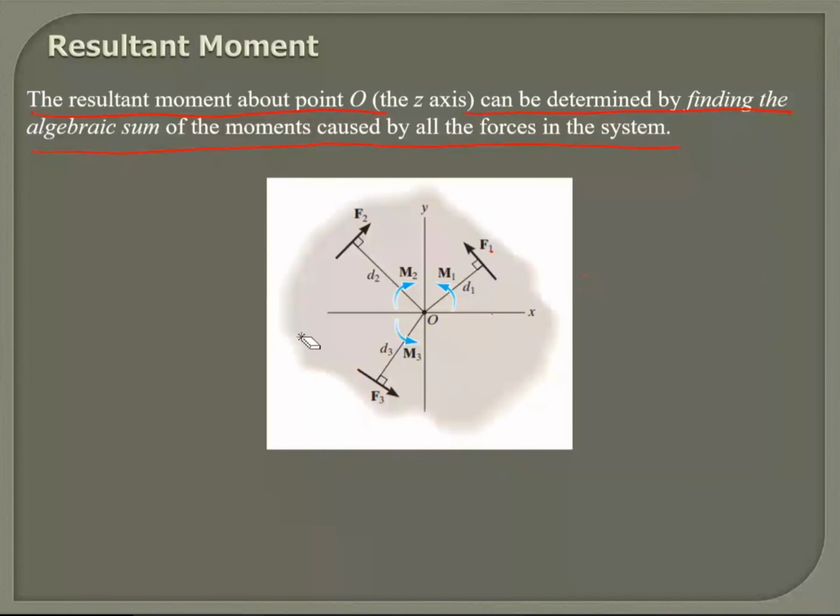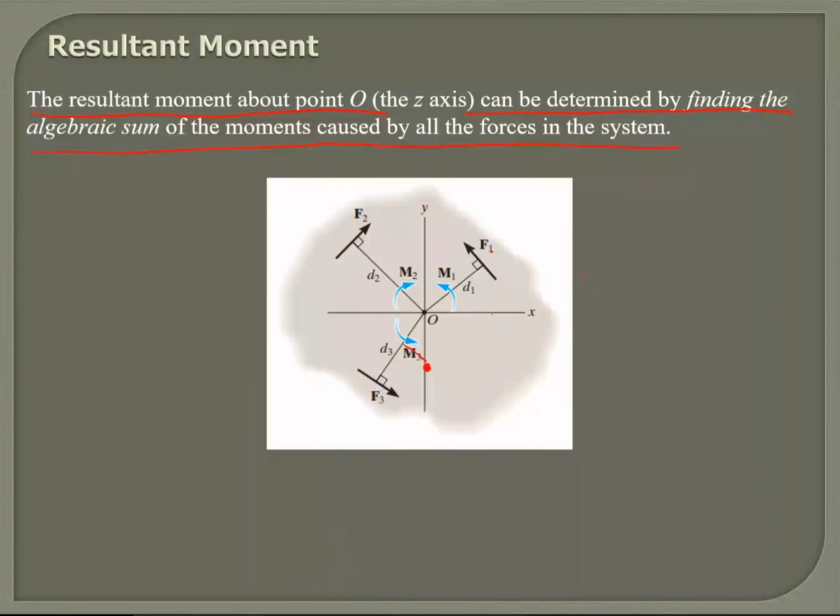Similarly, if I ask you to find the moment at this point, then again, remember, because engineers make big mistakes here, force line times perpendicular distance, that is my moment M2 because of F2.